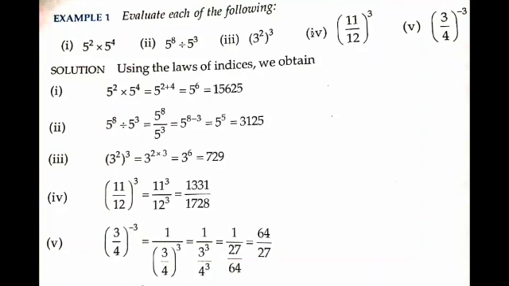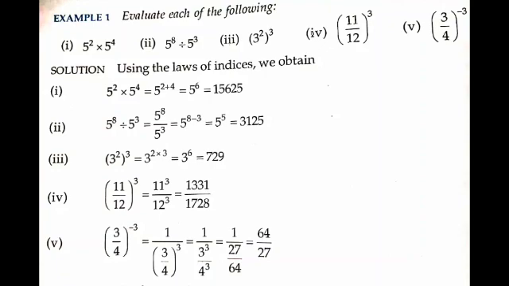Subtopic 3, it is (3 to the power 2) whole raised to the power 3. So using the law, (a to the power m) whole raised to the power n is equal to a raised to the power m into n. I can write 3 raised to the power 2 into 3, which gives 3 raised to the power 6, which is equal to 729.